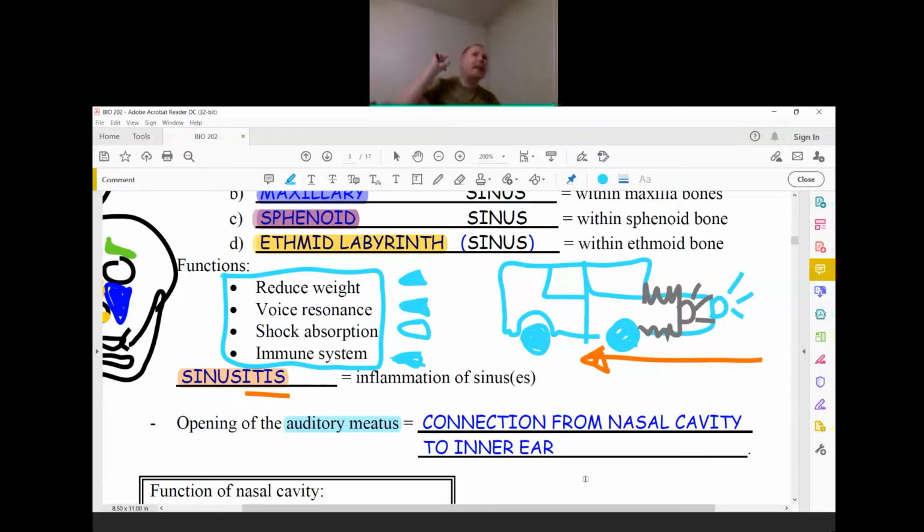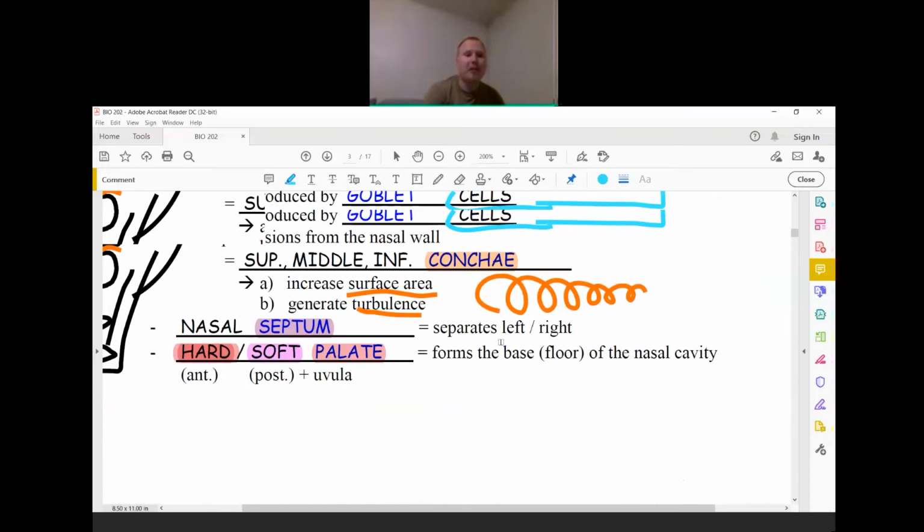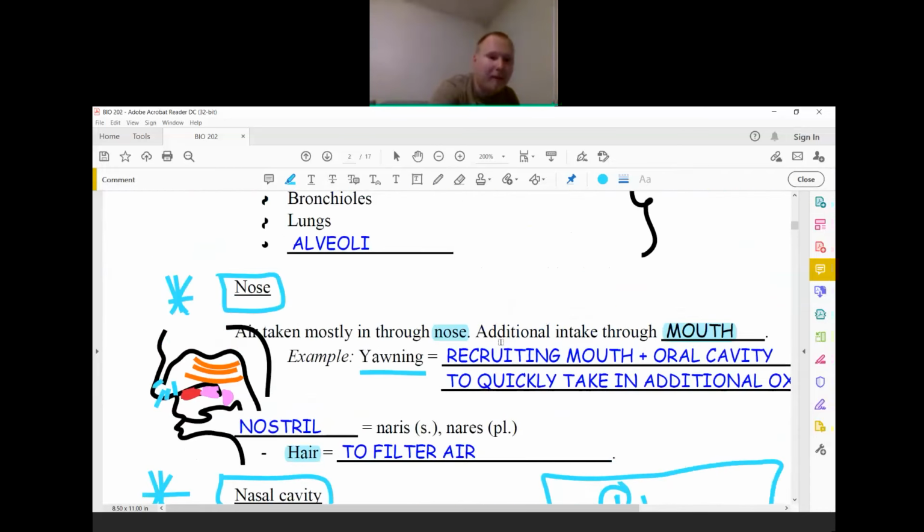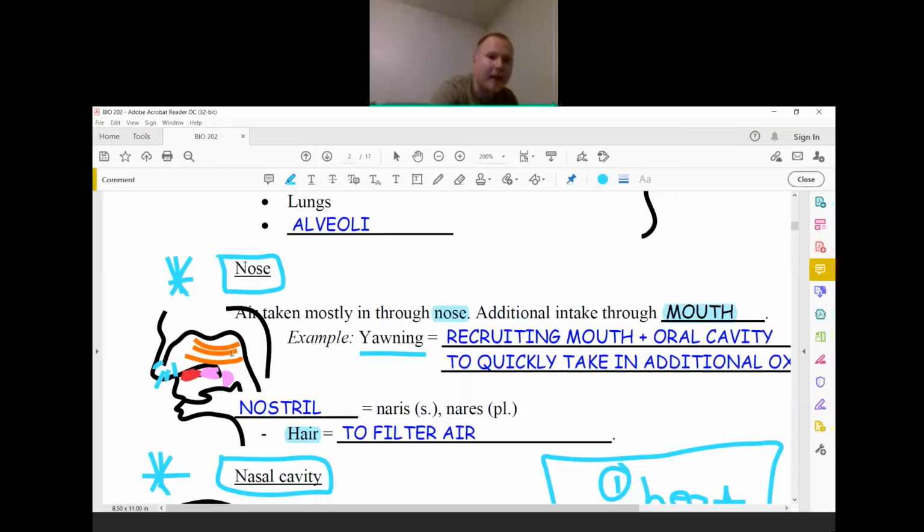It is needed to balance the pressure difference that can sometimes cause your ears to get clogged, for example if you're on a plane that climbs in altitude, or you drive up to a higher altitude, or go through a tunnel where there's a pressure difference. Through the auditory meatus, we're able to balance off that pressure difference on both sides of the tympanic membrane. So the auditory meatus would be located roughly somewhere here.